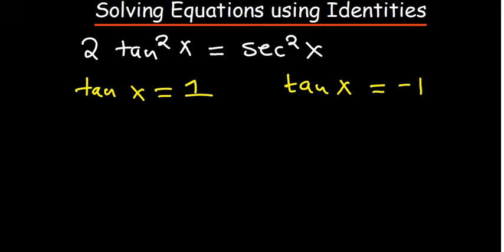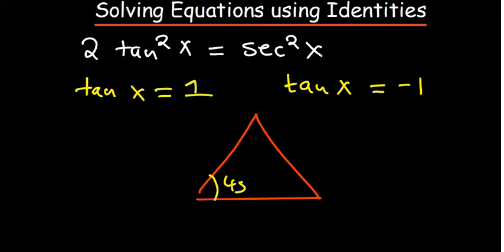Of course, I can take you back to this triangle if you do remember it. Tan 45, so 45, 45. We said 1, 1, and then the hypotenuse was root of 2. So how do you find tan 45?